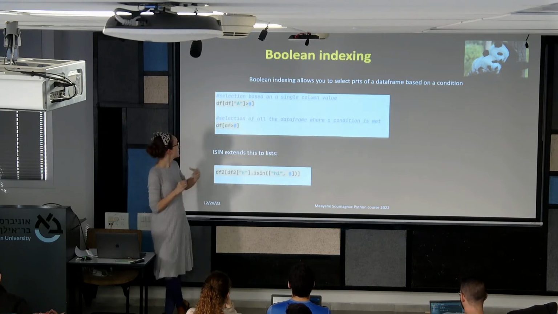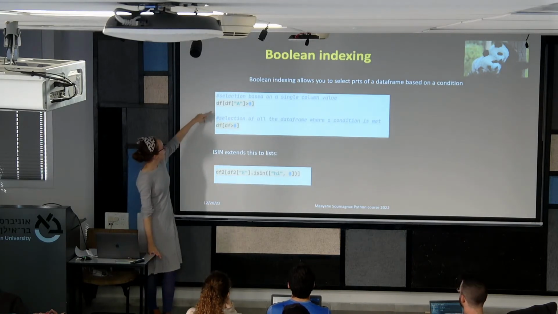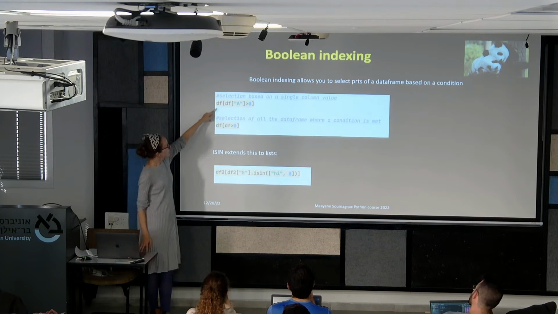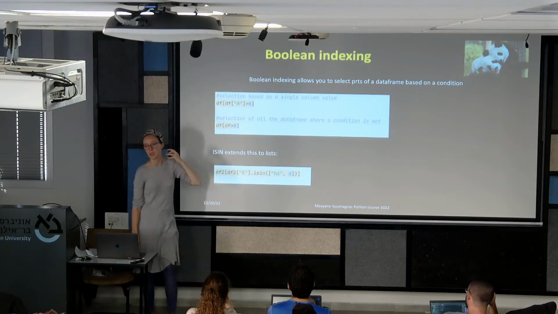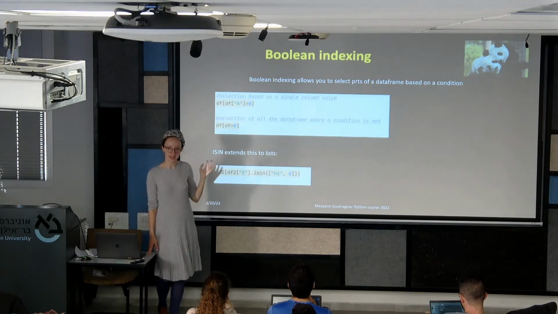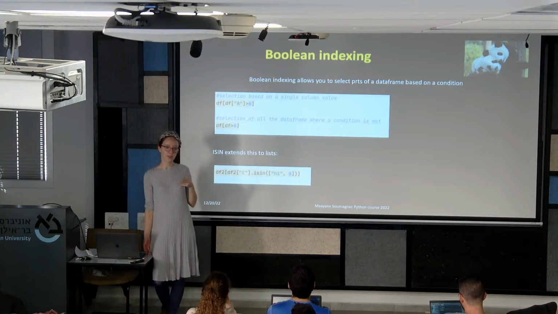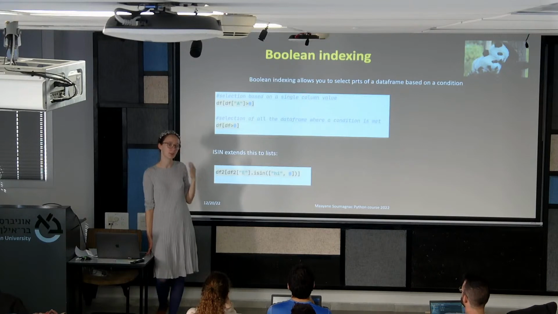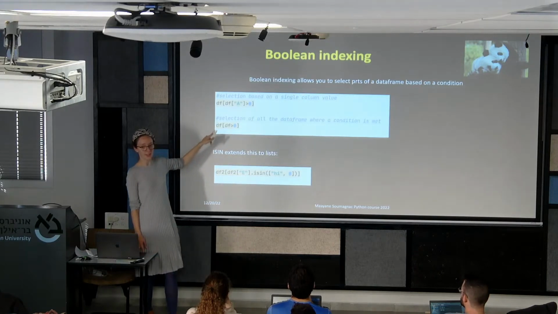I'm showing you two distinct cases here. Here, what are you selecting? You're selecting the data frame where column A is higher than 0. So you're selecting your people data set where the age is higher than 40, or where the eye color is blue. Here you're doing something else.